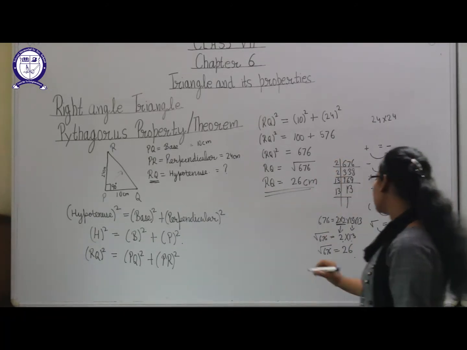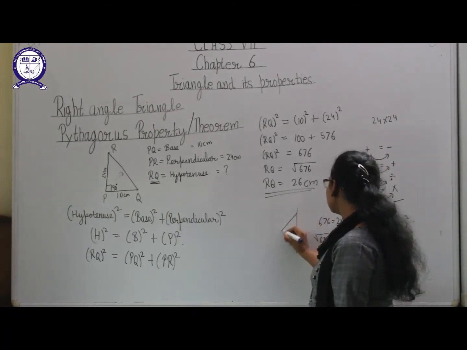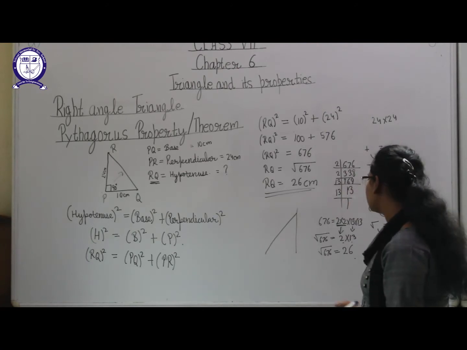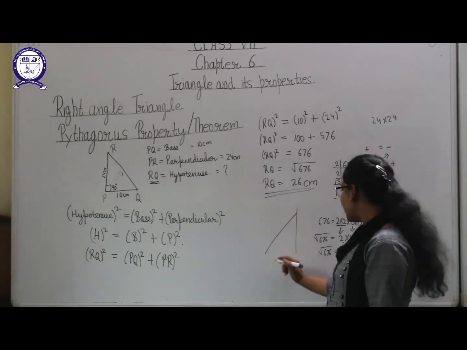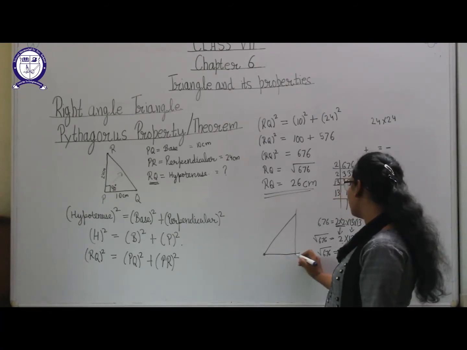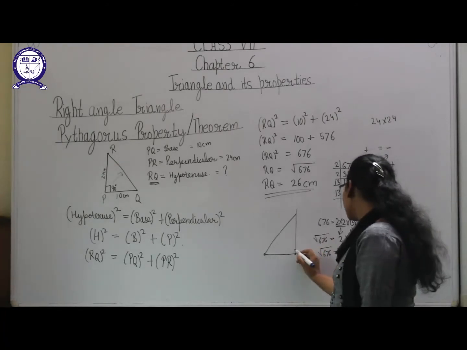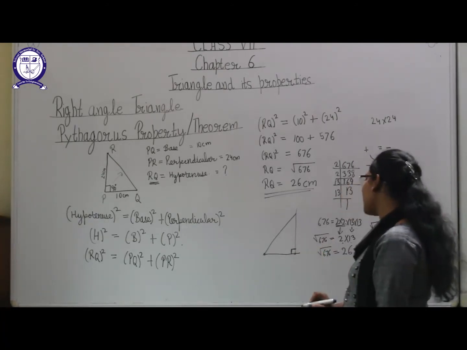Okay. Now suppose there is a question that there is a wall and a ladder standing on that wall, and this is the distance between the foot of the ladder and the wall. This will be a right angle triangle because this will form a 90-degree angle.